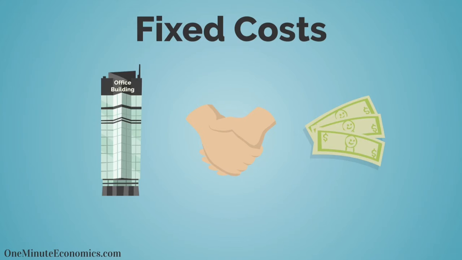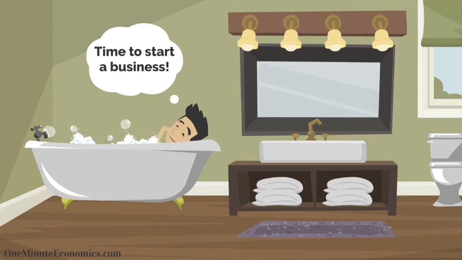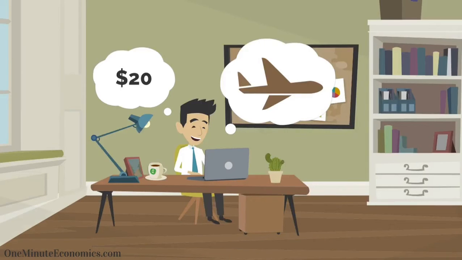For example, let's examine the function of fixed costs in production. Let's assume Mr. John starts a business making small wooden airplanes and selling them at $20 each. For the sake of simplicity, we will also assume that Mr. John does everything himself.